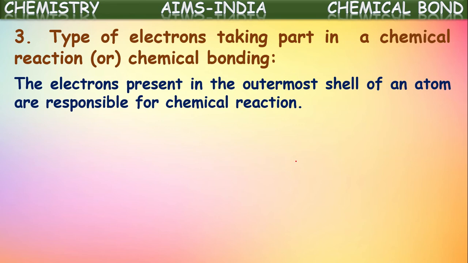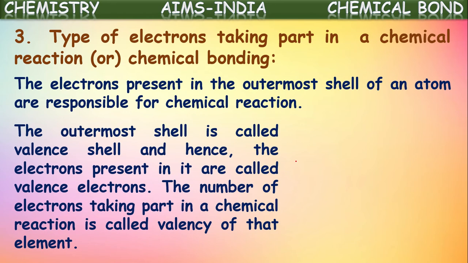That atom may have many electrons, but out of all those electrons, the electrons present in the outer shell, that is the last shell, which we call the outermost shell, will be responsible for the chemical nature of that element, and these electrons only will participate in chemical bond formation.